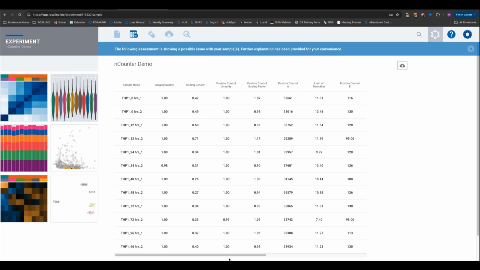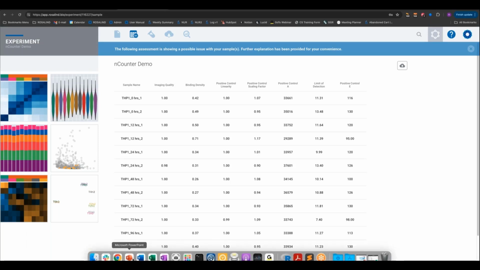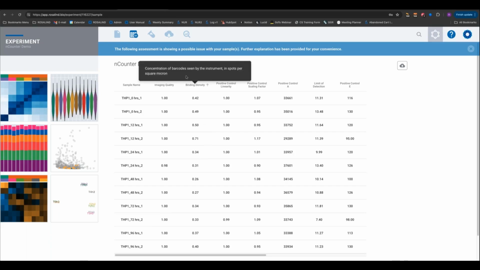So you'll see it here visually. If I go back to my slides, which we'll be sharing, all of the thresholds are written in the slides. And then we also have Rosalind Academy, where we have information about how QC metrics are calculated, how they're interpreted, and what the thresholds are there. So there's 3 places. In the platform here, you'll see the flag. You can refer to the slides, and you can also refer to Rosalind Academy.